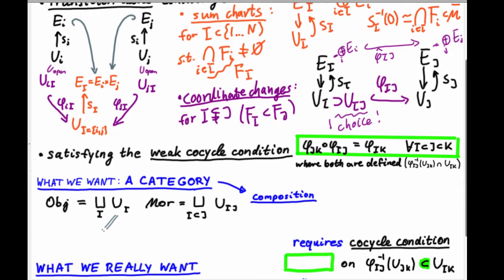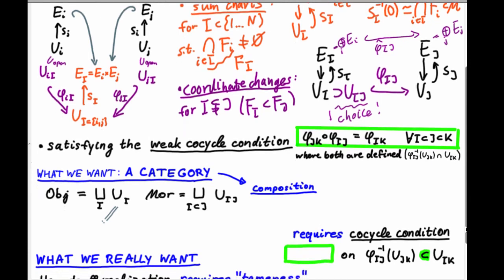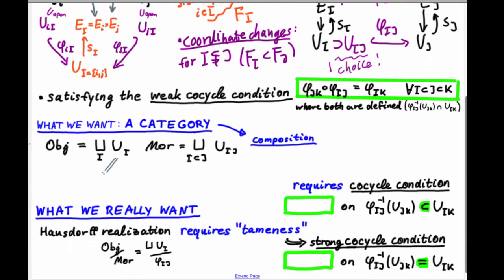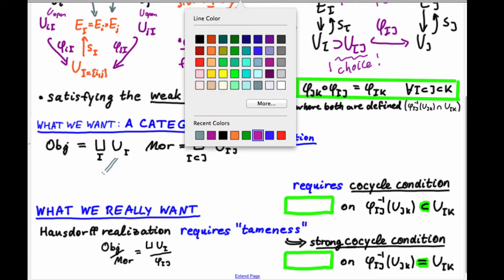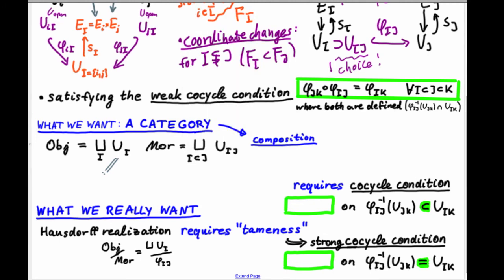But we wanted at least a category so we could talk about compatibility in a functorial way. So in a category, what is my category going to be? Well, these were my objects here, and clearly my morphisms should come from these little open sets and the embeddings of the phis.